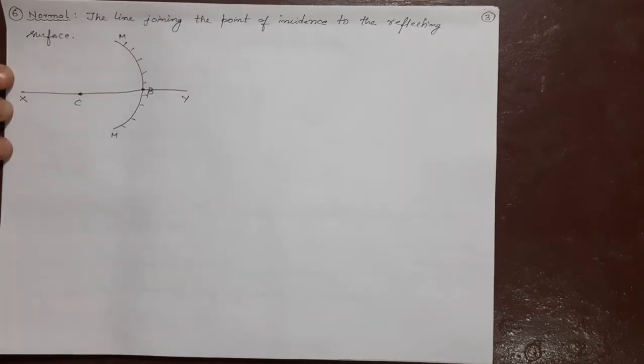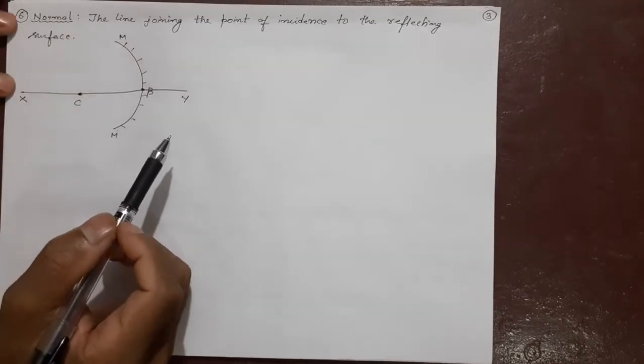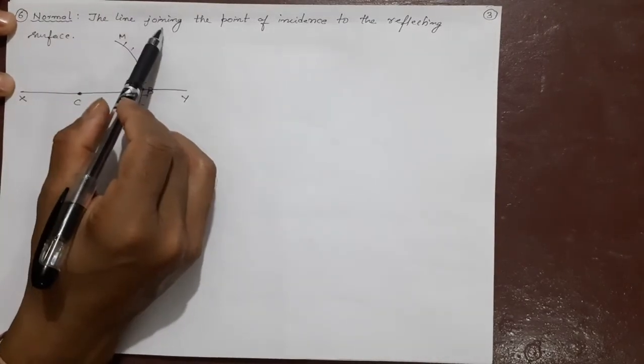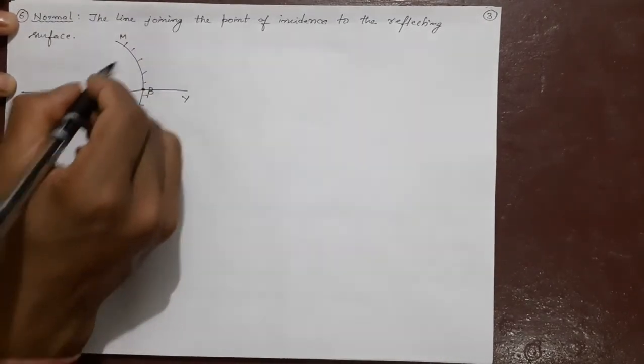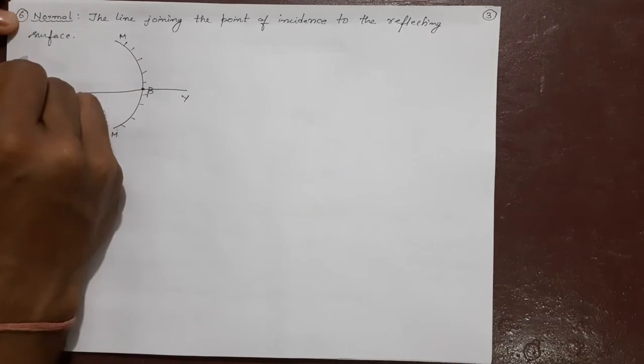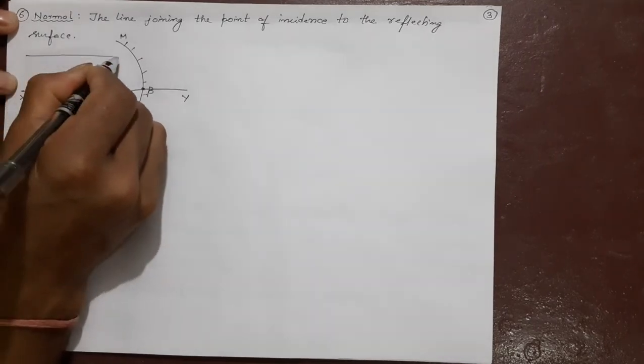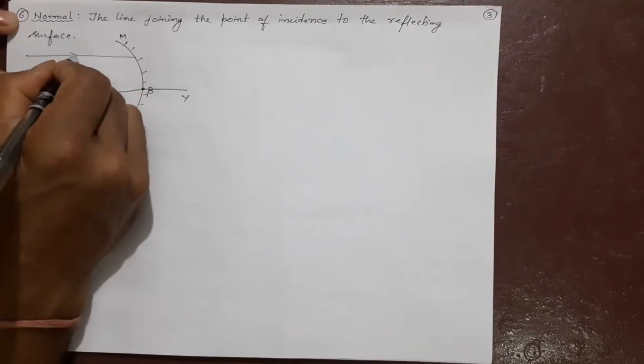The next will be normal. What is normal? In the diagram I will show you. Look here, what is the normal? Normal usually means perpendicular, but where? Let's see, it is the line joining the point of incidence. What is the point of incidence? Where incident light comes. Incident light means the light which is coming from the starting point.